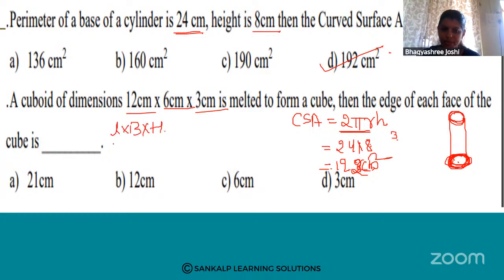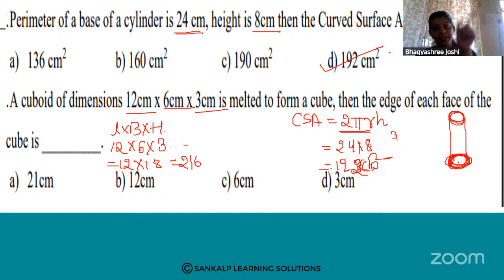So length is 12 and 6 into 3, that is 12 into 18. So 18 into 12, that is 216.